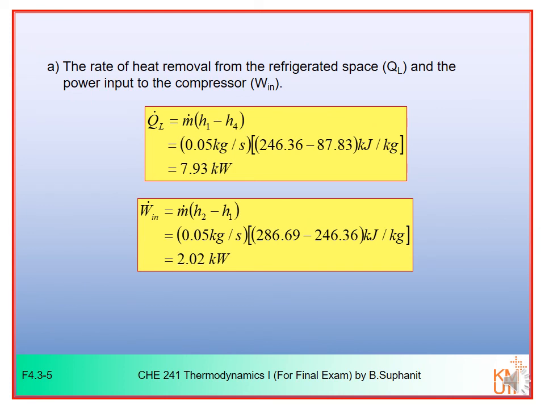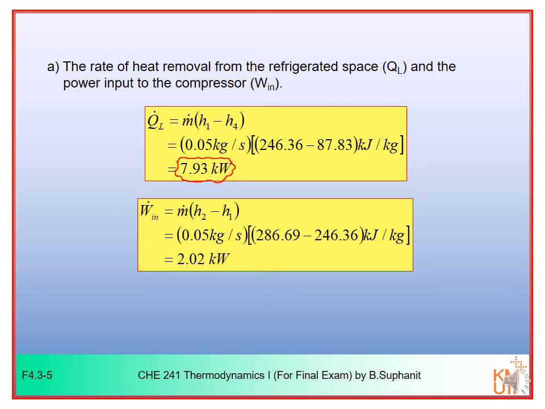Now for the first question, we want to determine QL dot, the heat removal from the refrigerator space. You can just do the energy balance in the evaporator. So QL dot would be M dot multiplied by H1 minus H4. You know all the values, so substituting all of them, you get QL dot of 7.93 kilowatt.